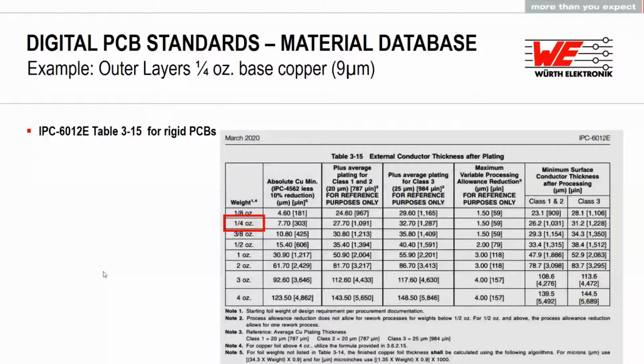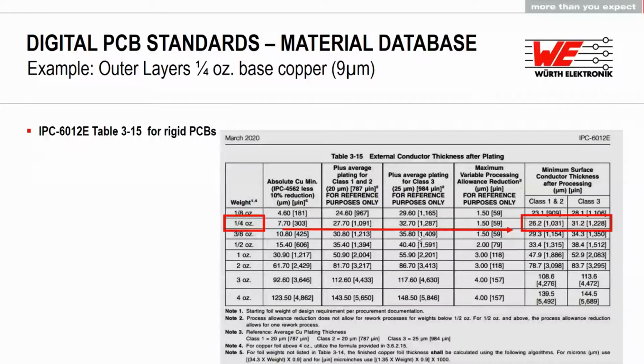So that could also be 7.7 micron delivered, plus average plating for class 1 and 2, or average plating for class 3, depending on your IPC class classification, and minus 1.5 micron for cleaning processes and etching processes.